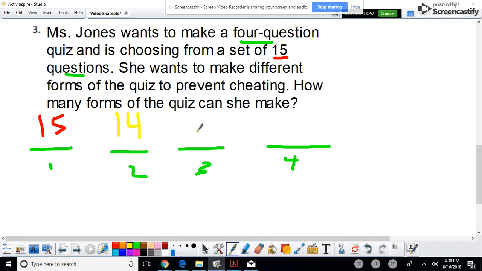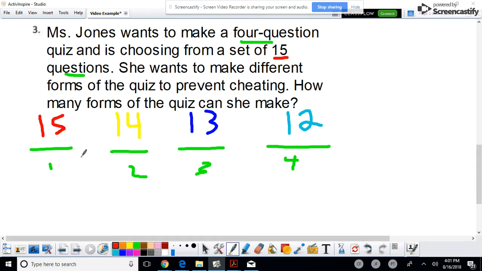Number 3, we only have 13 options because we've already used 2 questions. And then the 4th question, what we're going to put right here? Yes, 12. Why? Well, A, you could pick up on the pattern, but then B, because you've already used 3 of the 15 questions. So that means for number 4, you've only got 12 left to choose from.